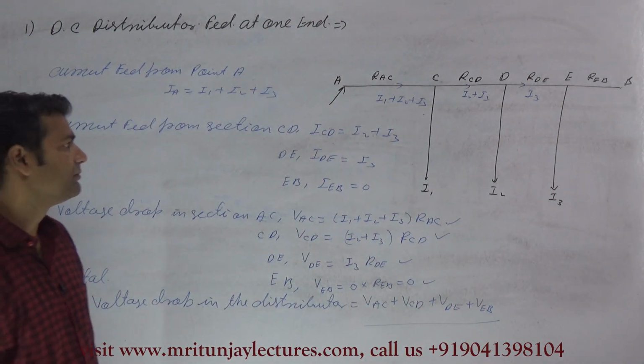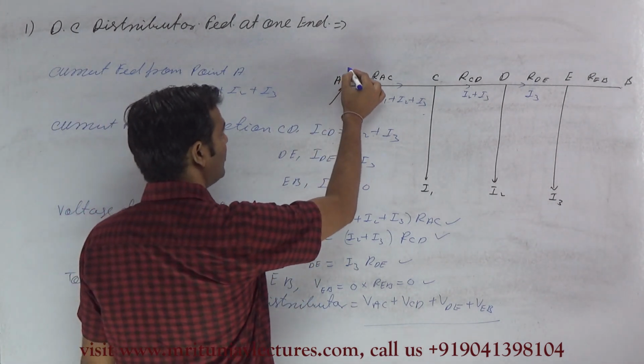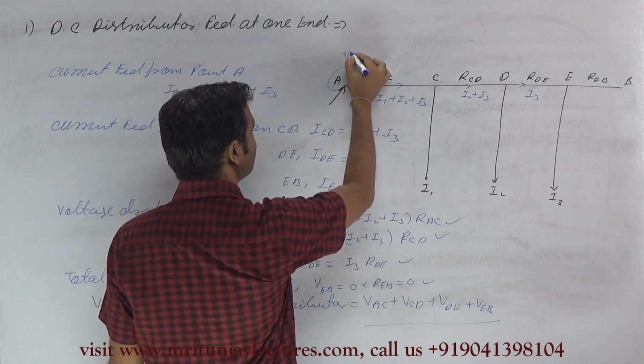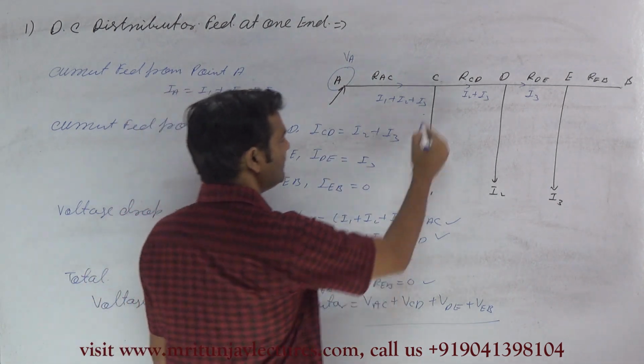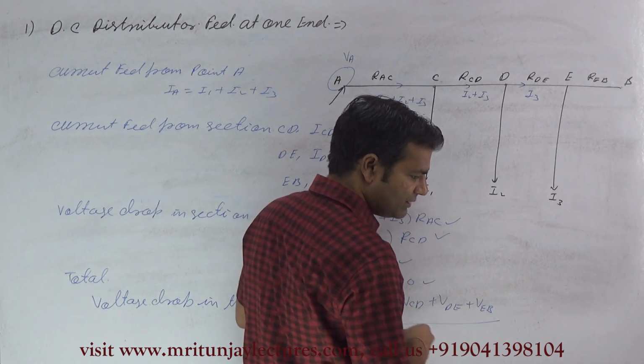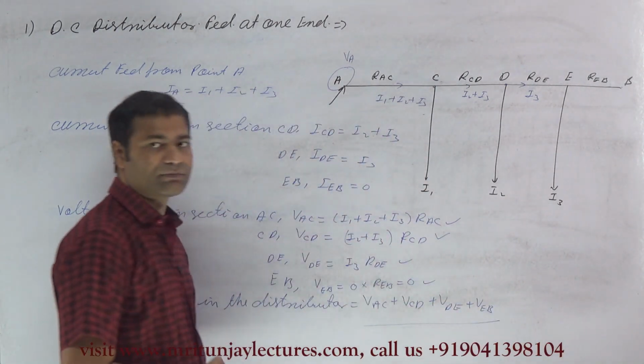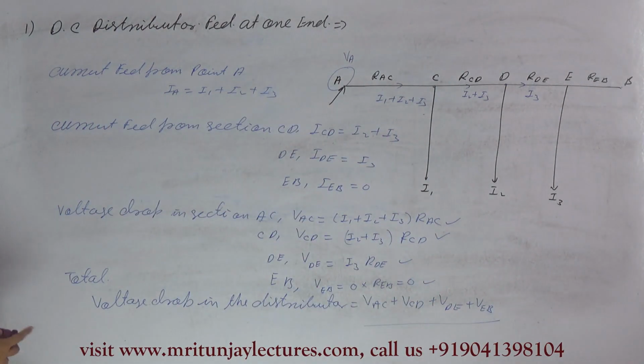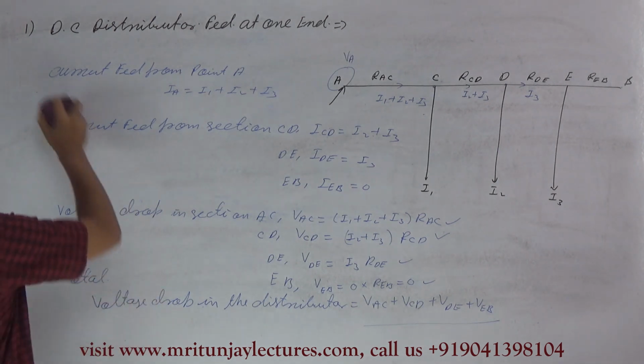Sometimes the voltage VA is given. Determine VC, VD, VE and VB. So how can we determine them? First of all, make it, after that I have discussed this portion.